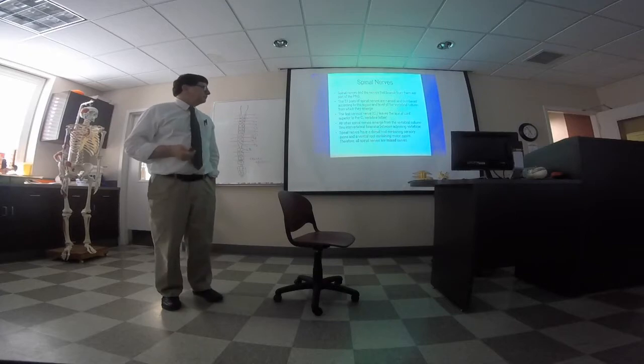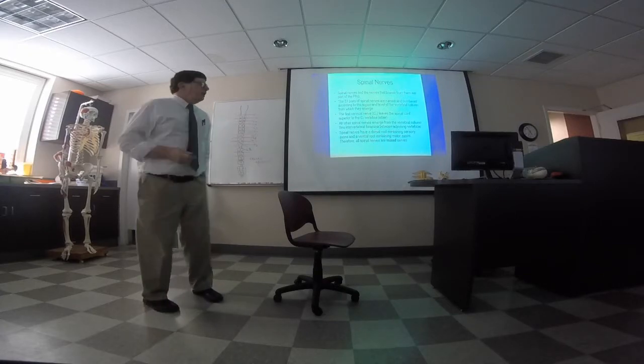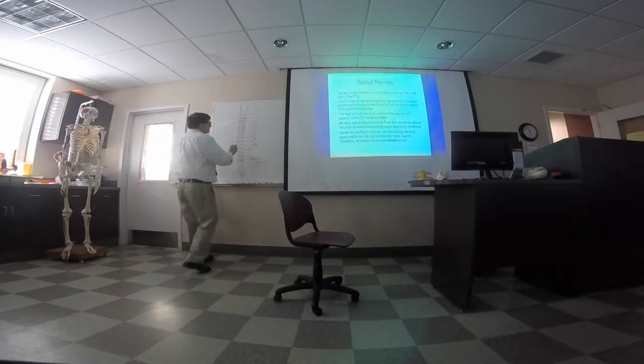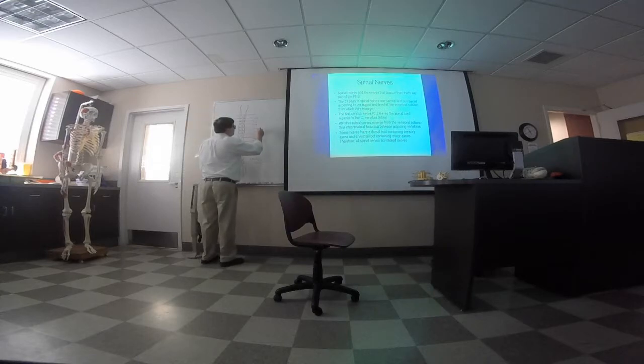Now, if you look at the spinal cord in cross-section, remember, the gray matter is on the inside. I think the way we've drawn this before is I've shown you a dorsal root and a ventral root that join to form the spinal nerve.